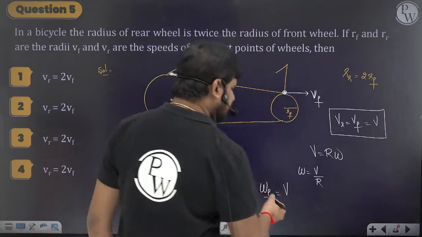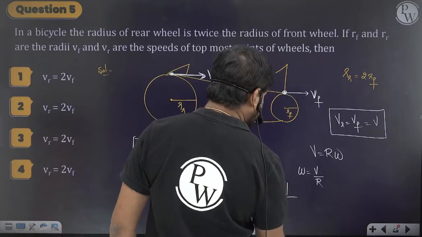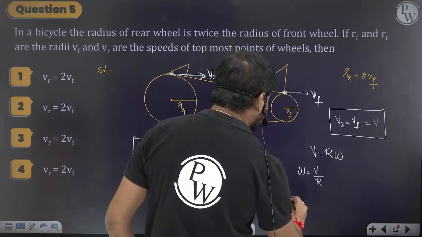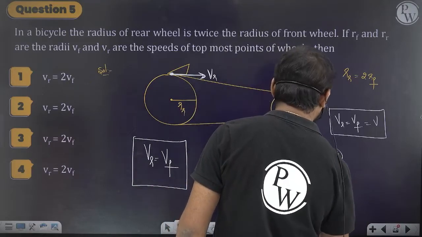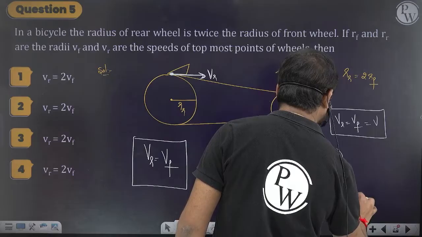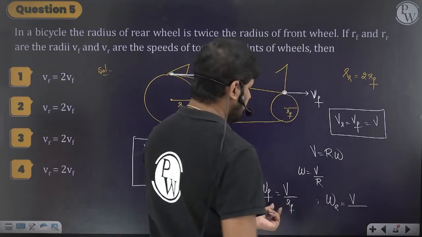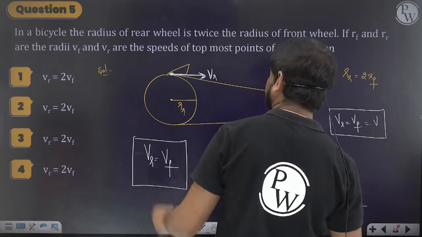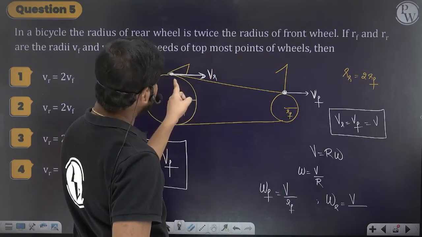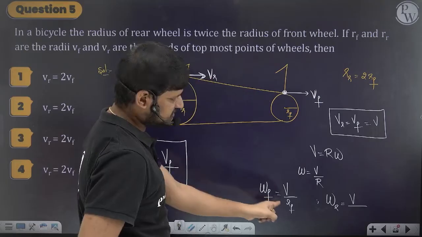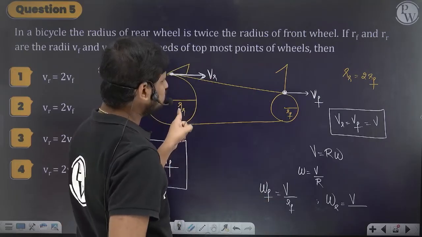Therefore the front wheel's angular velocity is V by RF, since the front wheel's radius is RF. And the rear wheel's angular velocity will be V by RR. So what is RR?